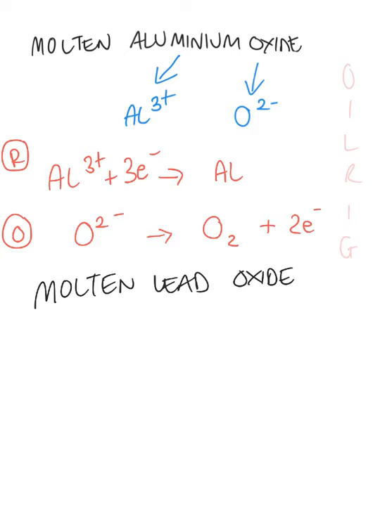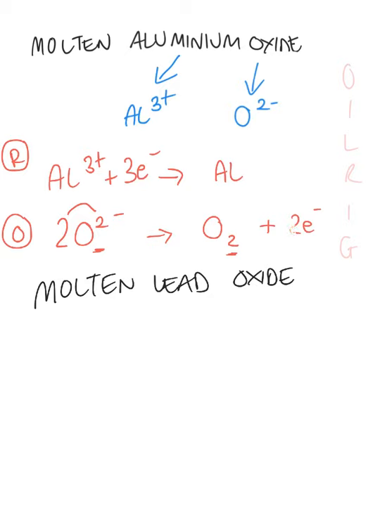Now, our electrons are balanced at this point. However, our oxygen atoms aren't. We've got 2 oxygen atoms here, no little 2 here. So we must put a big 2. I've now, however, unbalanced my electrons. I've got 2 lots of 2- charge.